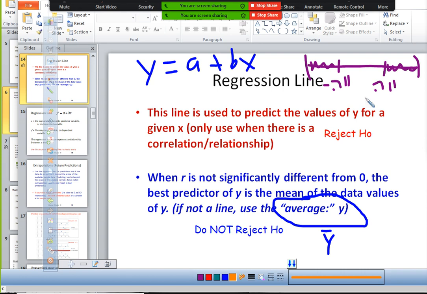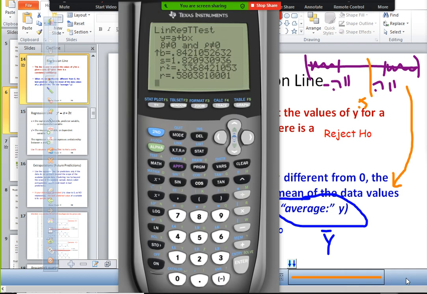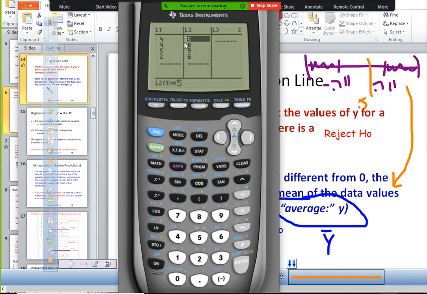So I'm not going to reject H naught. This is the case right down here, where my data is not a line. My data is 4, 5, 4, 8, 5, 9, and 2, 6. It's not a line.